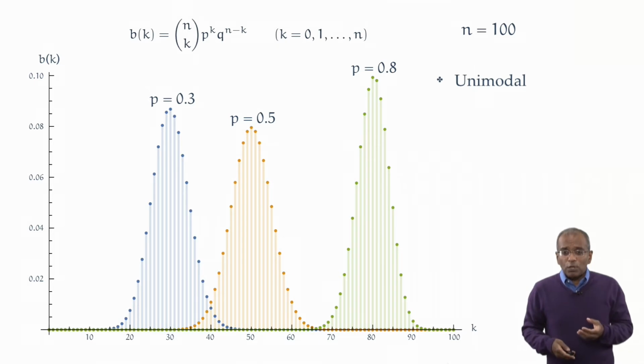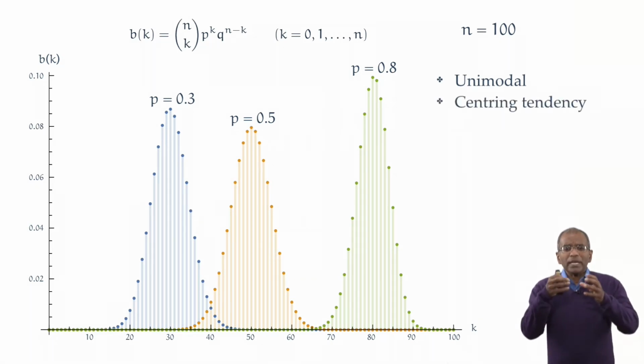There are other features that are also seen to be evident in this kind of picture. For instance, there seems to be a centering tendency. So pick a distribution, let's say for p equal to 0.5. It looks clear that the masses are centered around 50 successes, right at the midpoint, and they seem to be distributed reasonably evenly on both sides.